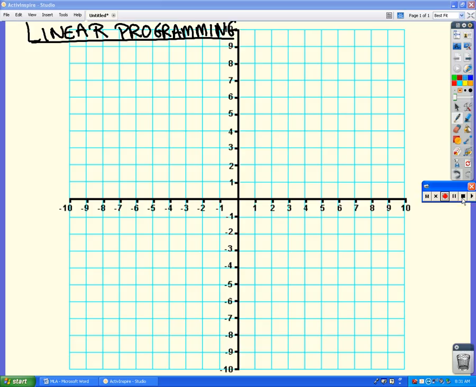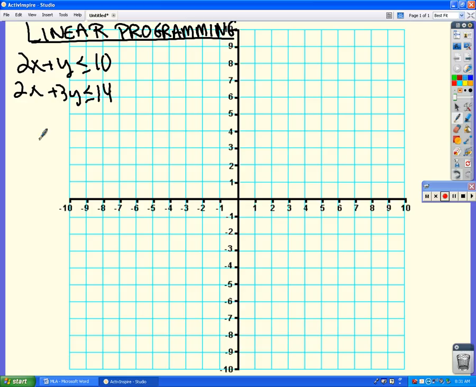Okay, so linear programming is all about this. You're given some functions to graph, a whole bunch of them. And you have to find the point that meets all of those criteria at the same time, and then makes this thing called the objective function either a minimum or a maximum.